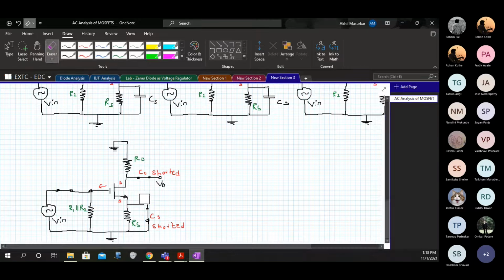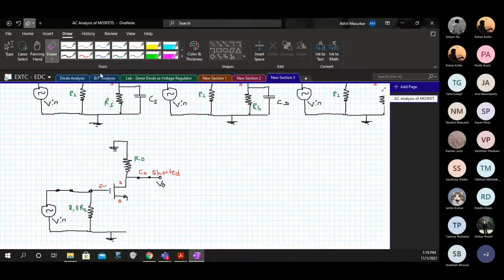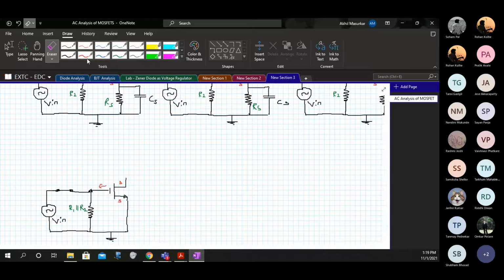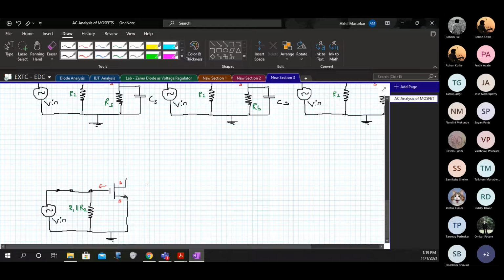So no need to show RS at all because it is shorted with the help of a capacitor. So this is going to be connected to ground straight away, and here this RD is connected between drain and ground. So again, what we are going to get here is, here we have V0 and RD is connected between drain and ground.